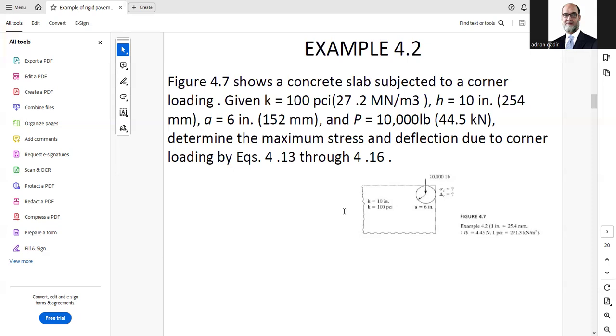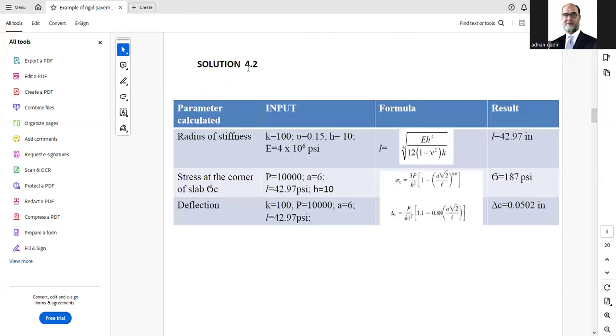So again, we make this table and we list down all the parameters that need to be calculated in order to calculate our objective, in this case, the stress at the corner.